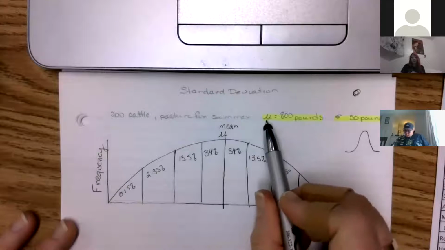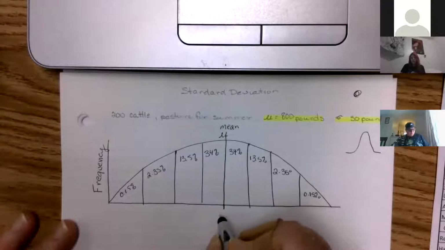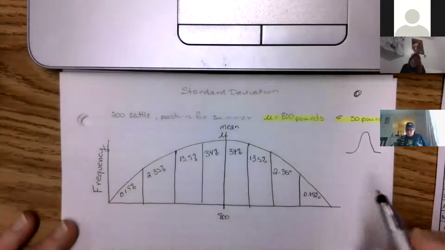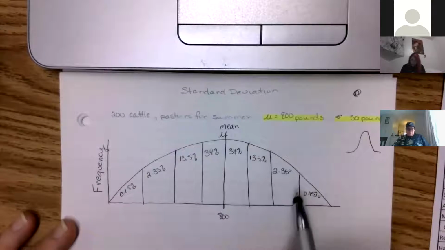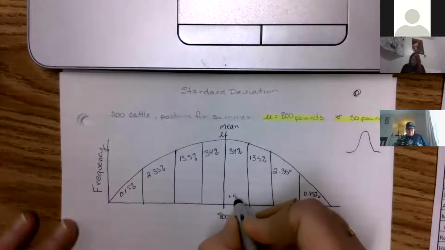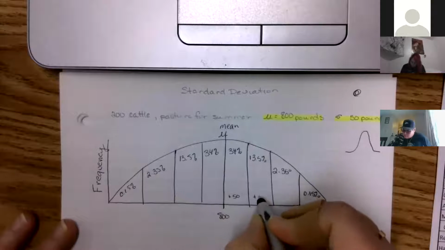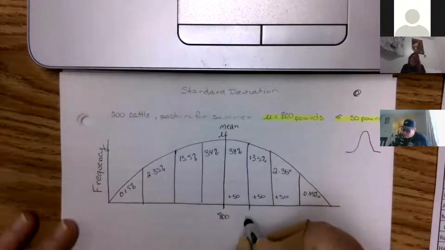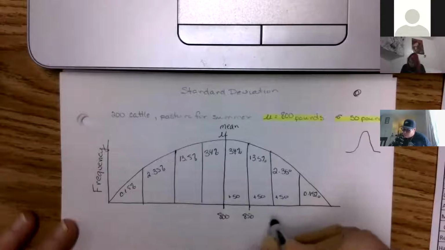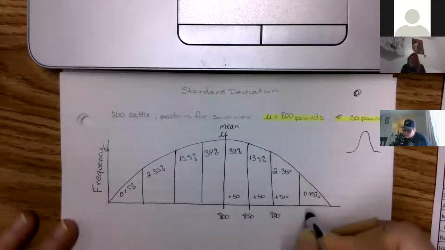So my mu or my mean is 800 pounds, so 800 here. And my standard deviation, that's how big these spaces are. So I do this. 850, 900, 950.